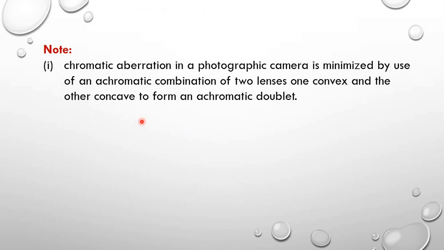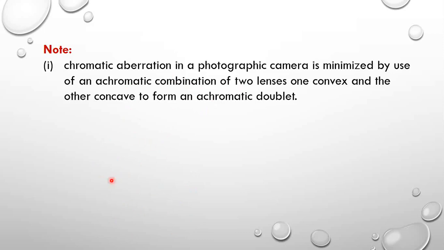And then also spherical aberration in photographic cameras is minimized by use of a shield. We usually place a shield with a small hole in the middle, and lenses of small aperture.